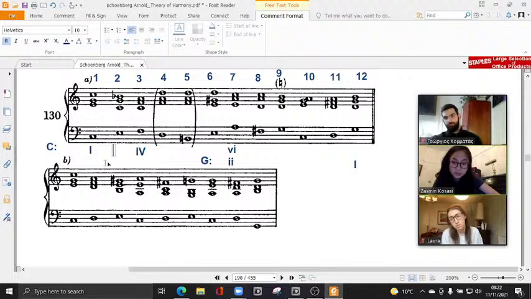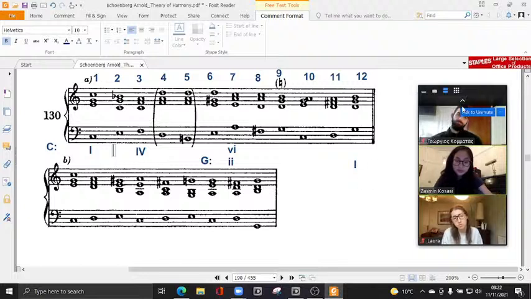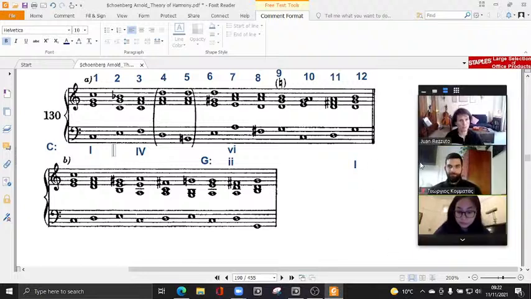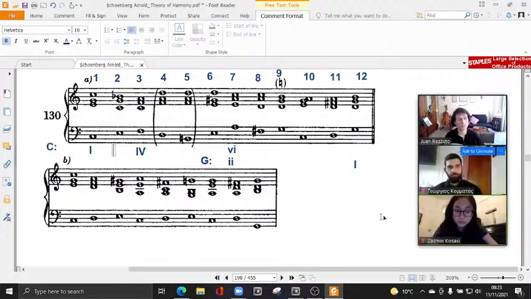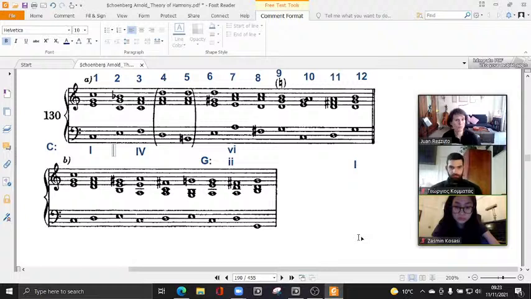Inversions are extremely important. If a composer puts a chord in inversion, you have to be very aware and pay attention to that, as an analyst, as a performer. Before being a performer, you analyze the piece that you play.